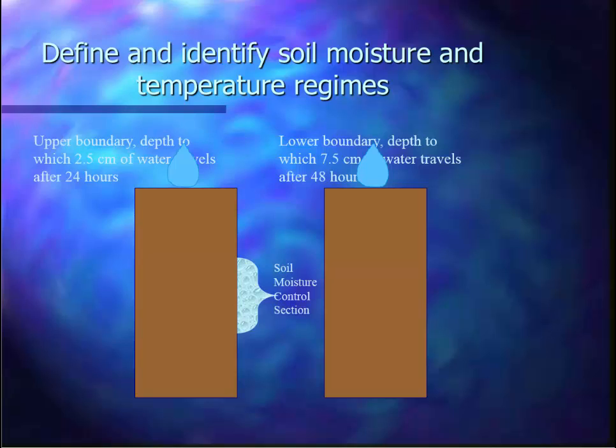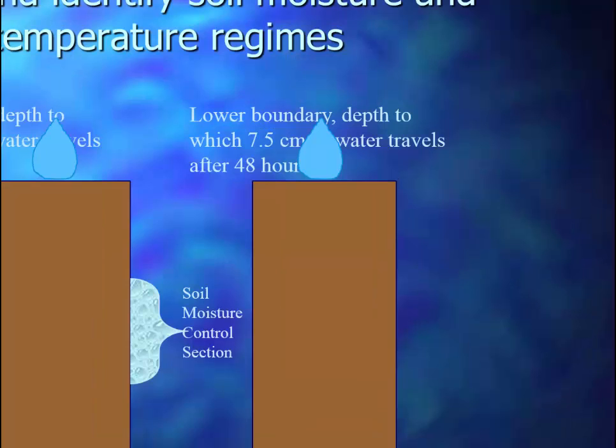So I'm going to click over to the next drawing. One of the first things that we have to do is look at soil moisture control sections, which have an upper boundary and a lower boundary. The upper boundary is the depth to which 2.5 centimeters of water will move down after 24 hours.